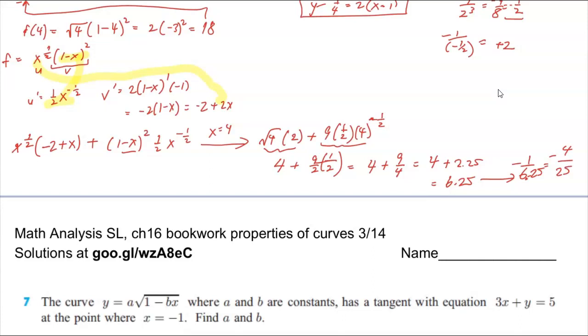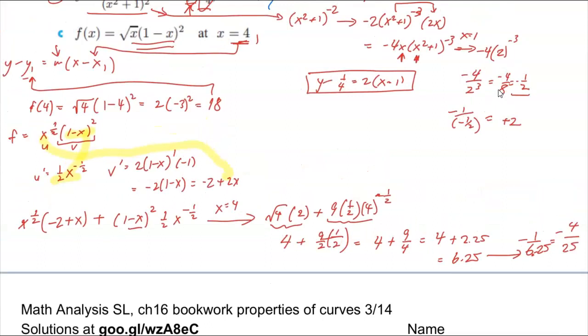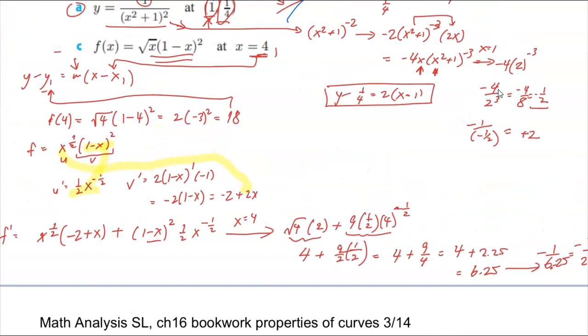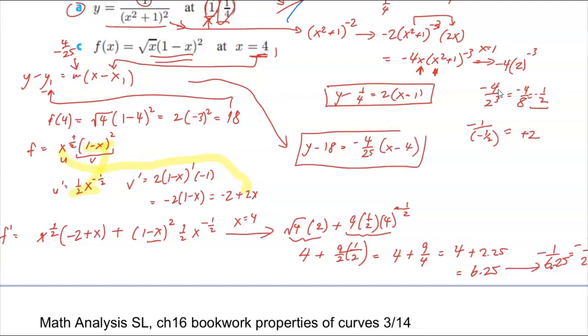Yes. So negative 4 over 25 is the slope. And so now I know that this is negative 4 over 25, and I already have the values for y1 and x1. Let me write it all out here. So it'll be y minus 18 equals negative 4 over 25, x minus 4. Done.